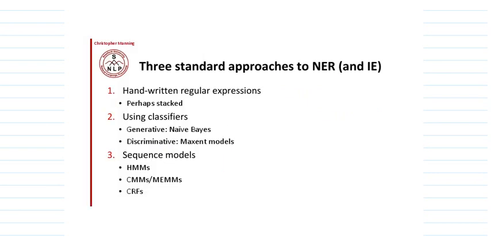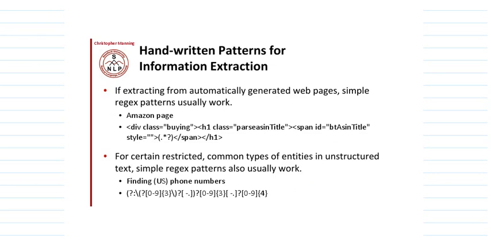So we have different kinds of approaches: we could have handwritten regular expressions, then we can have generative or discriminative classifiers, and then we can have sequence models. The regular expressions may be some kind of regular expression or regular automata, so that the automata is able to process the string and identify whether that string belongs to a particular class or not, right?